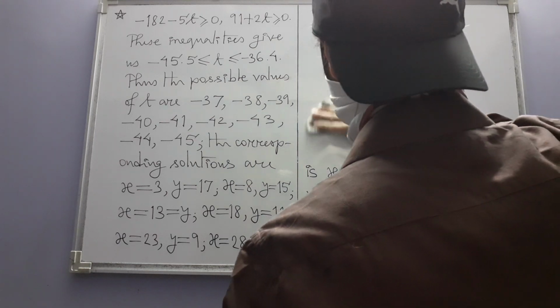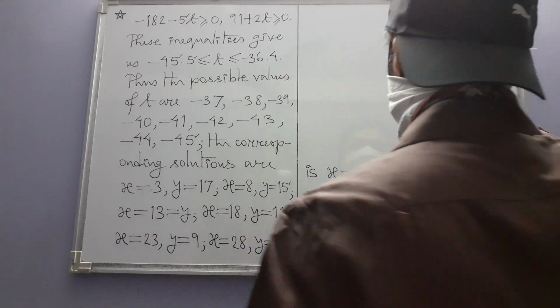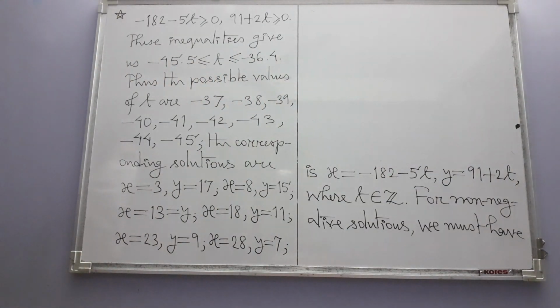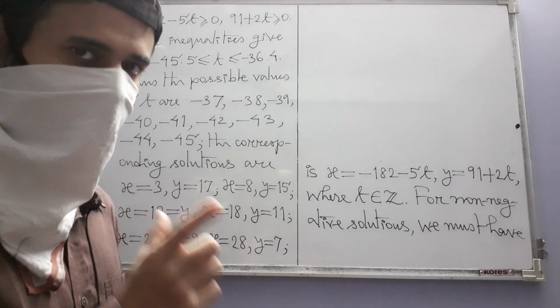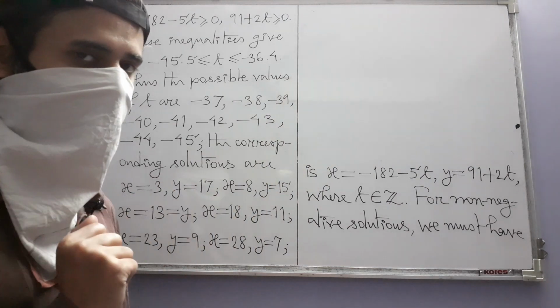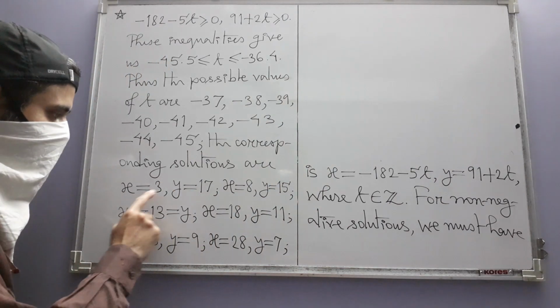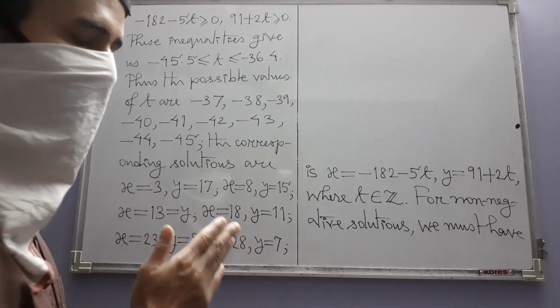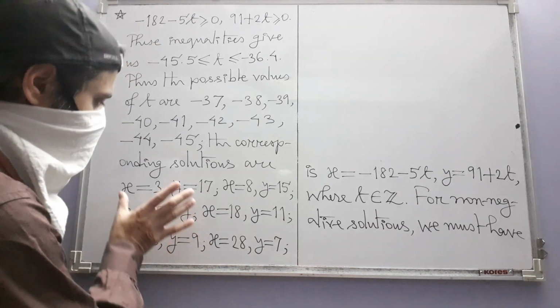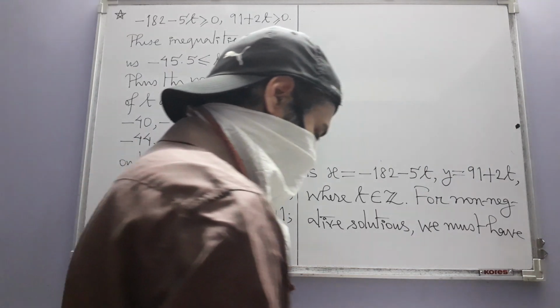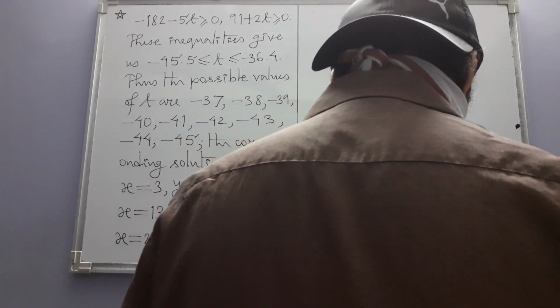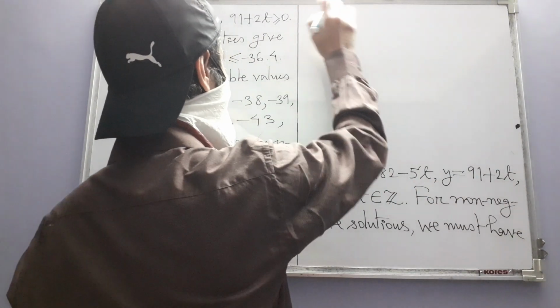All of these things that we are writing are solutions, okay? Which means that if you go back to the original equation from where we started the calculation and put these x and y values, that equation is going to be satisfied for each such pair. Then next, after 28 and 7, we have 33 and 5.